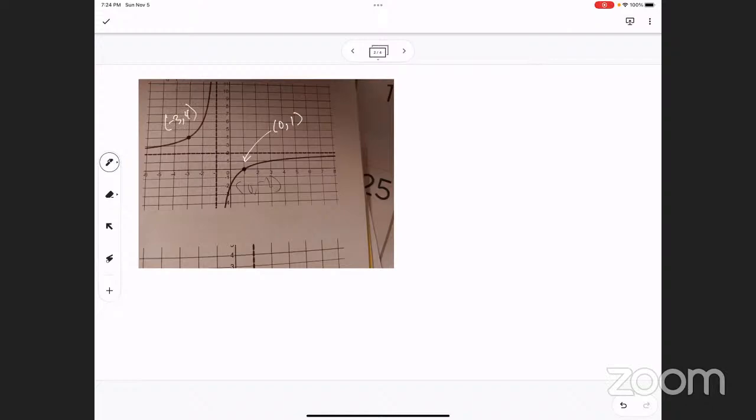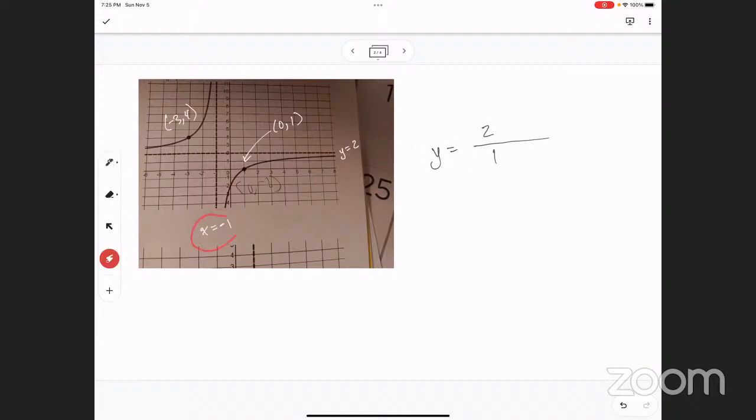You can see you have a vertical asymptote at x equals negative 1, and a horizontal asymptote at y equals 2. So when you have y equals 2, that means the ratio of leading coefficients is going to be 2 over 1. So I'm going to write 2 on the top and 1 on the bottom for now.